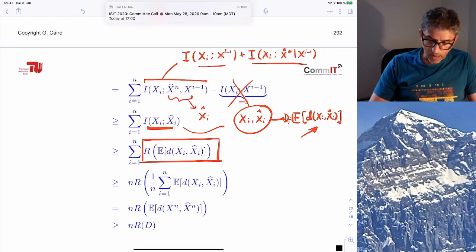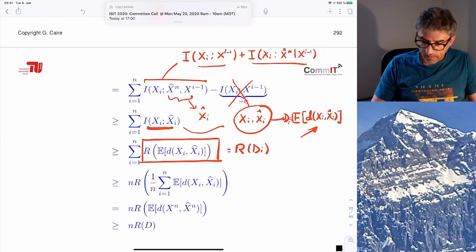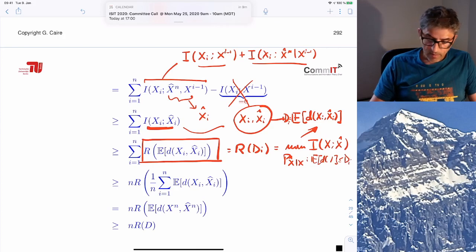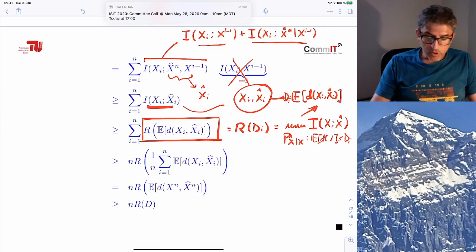Well, now R of D_i. So R of D_i is the min of the mutual information over all possible p(x-hat_i | x_i) such that the expectation of d is less or equal than D_i. So this is like an obvious lower bound for every i.